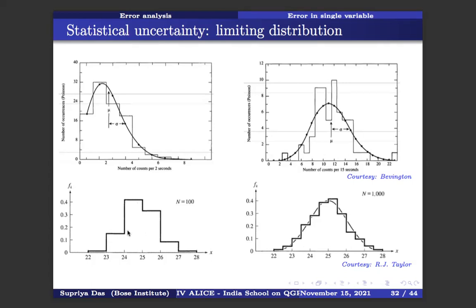It's not much different, but if you try to calculate the spread here, it will be much more difficult than here, because you already know that this is Gaussian and you can calculate the spread of a Gaussian, the sigma of a graph. So this is why I said that if you make more measurements, it is easier to find the spread. And later on we will discuss that if you make even more measurements, your spread becomes smaller.